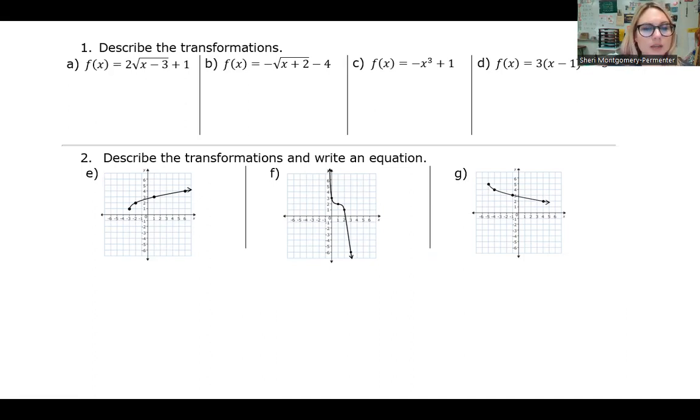So we could say stretch by 2, and it's a vertical stretch. The 3 in here moves you left or right, but opposite. So when it's -3, it means that it moves you right 3. And then at the end, this means up 1.